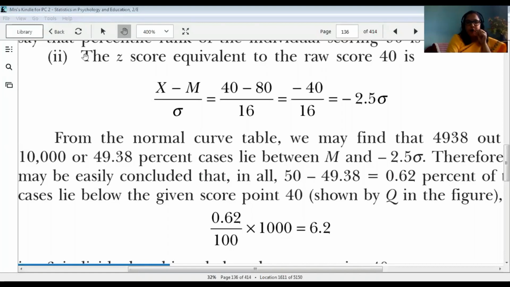Here you need to find out the number of individuals scoring below the score point 40. Here you need to use the formula, which is Z is equal to X minus M divided by sigma, and you need to put the values in the formula and you will get the sigma score as minus 2.5 sigma.